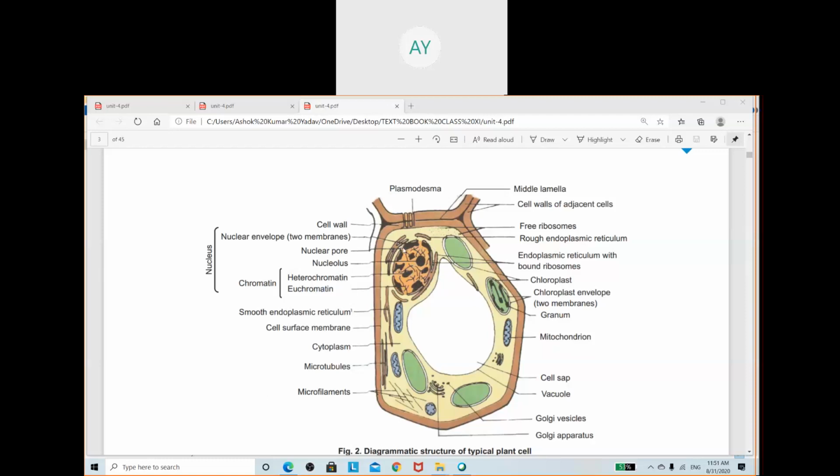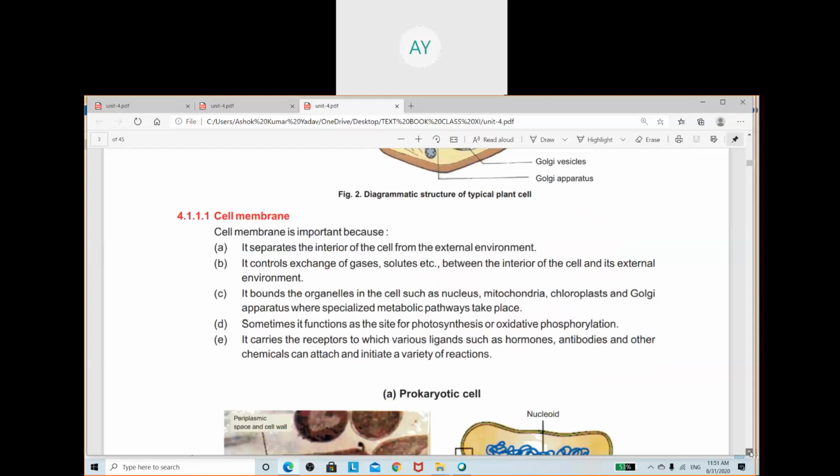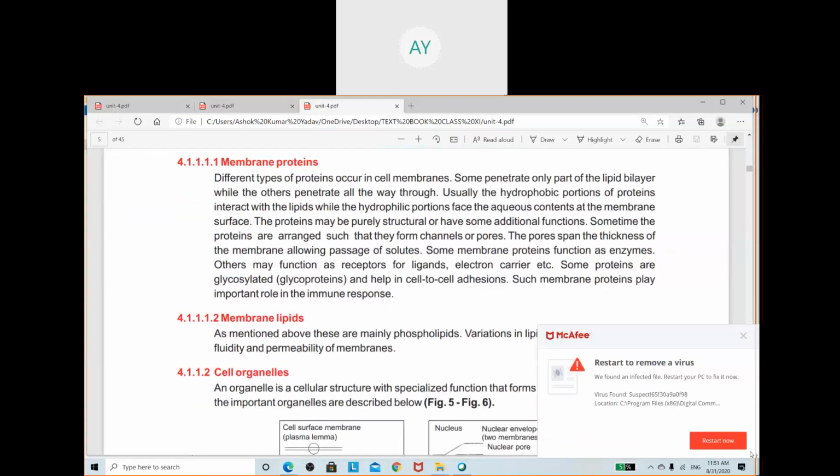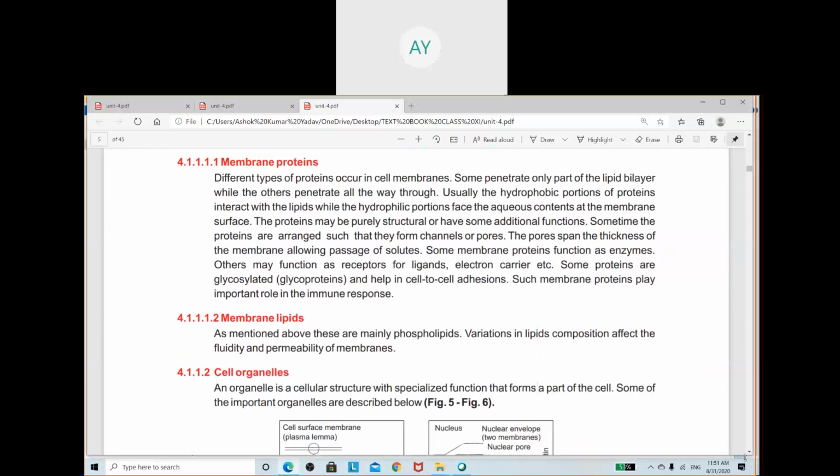So this is the structure of the nucleus. You will find this structure also here separately. So what is the function of the nucleus? That is the brain of the cell, controlling all the functions.